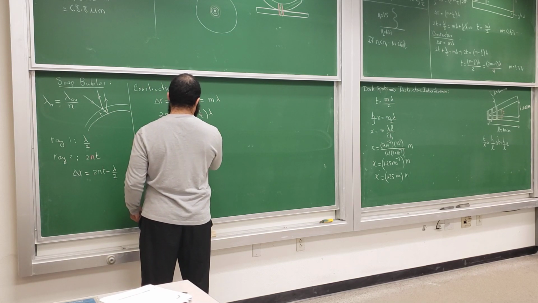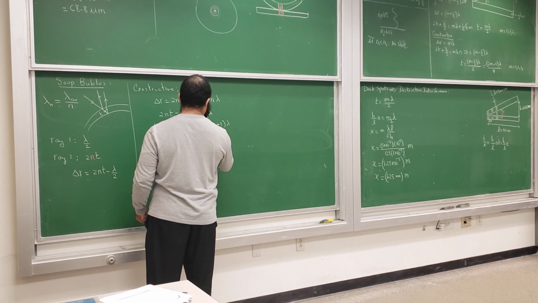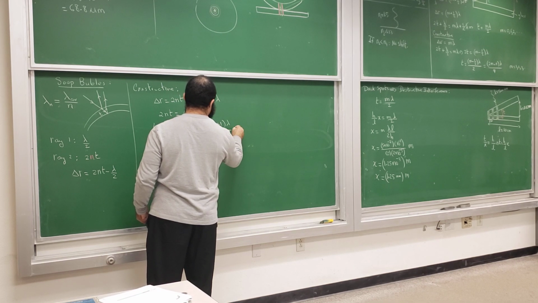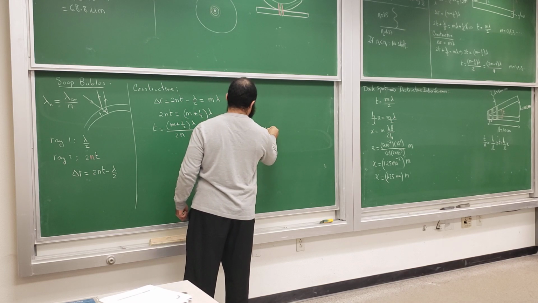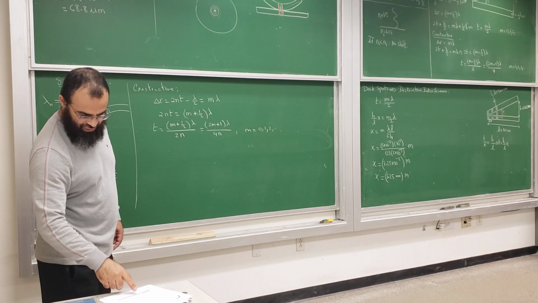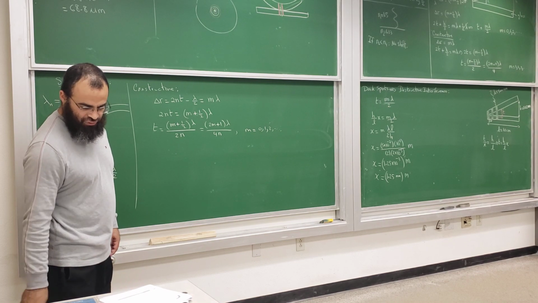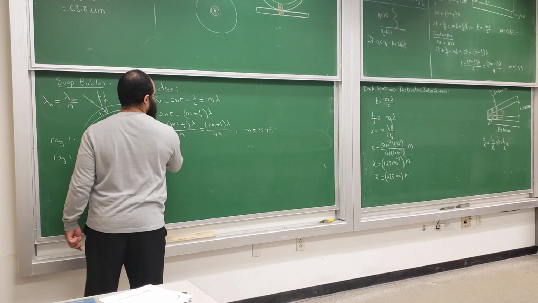So then I can write t as 2m plus 1 times lambda over 4n, and m is equal to 0, 1, and so on. For constructive, looks good. Let's look at destructive interference now.